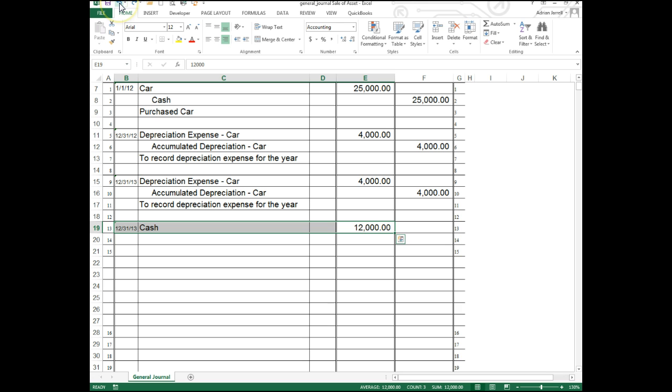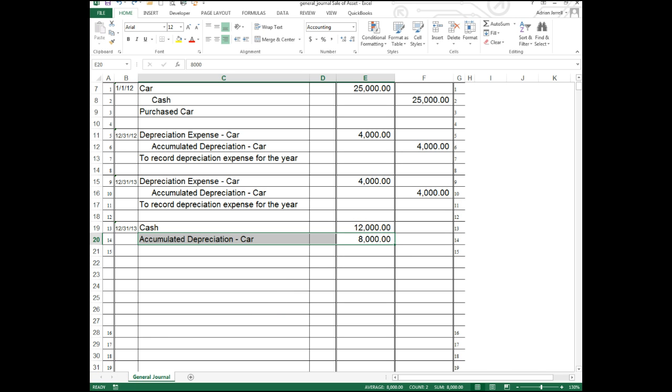do it this way. Let's say we sell the car then on the last day of 2013 for $12,000. I'm going to go ahead and record cash. Again, string and beads, I know cash is going to be a debit of $12,000. I also know that accumulated depreciation was recorded for $8,000, and it needs to be a debit.